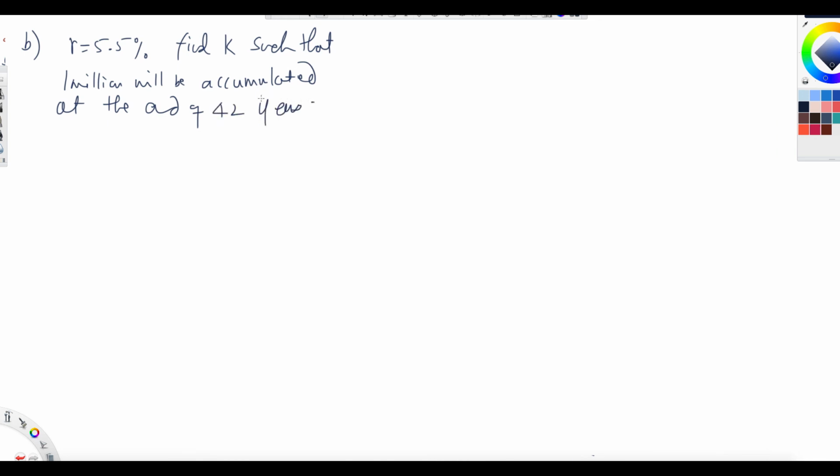Okay, so what was our solution again? The solution I erased just now was s(t) equals k over r times e to the rt minus 1, right? This was our solution. Now the question is giving that s of 42 equals 1 million, right?